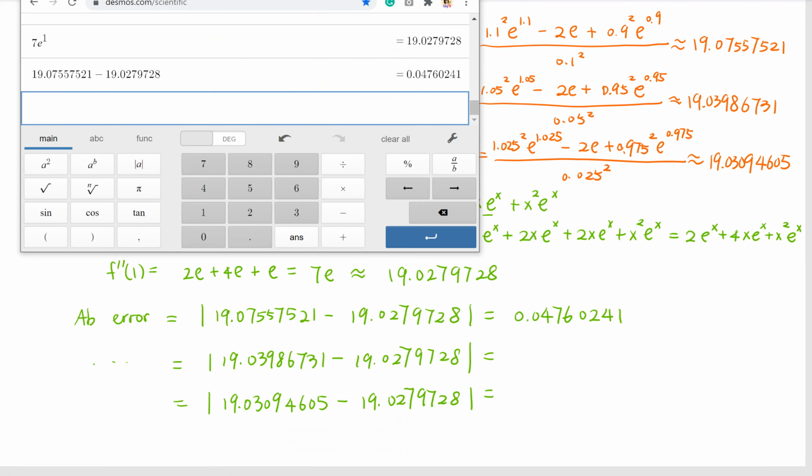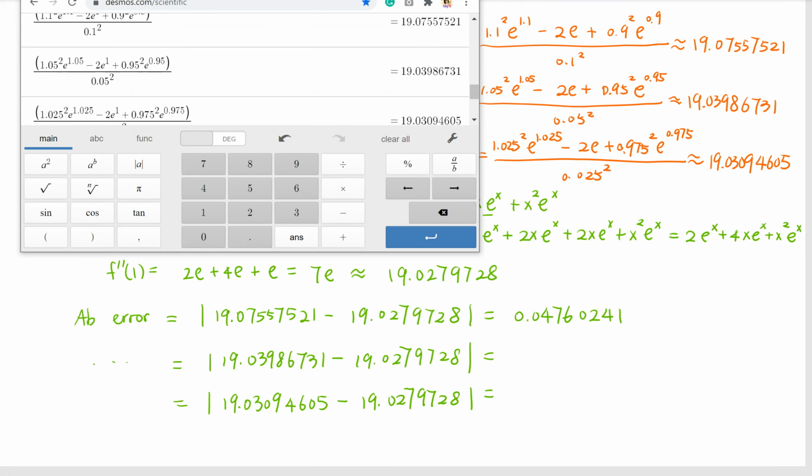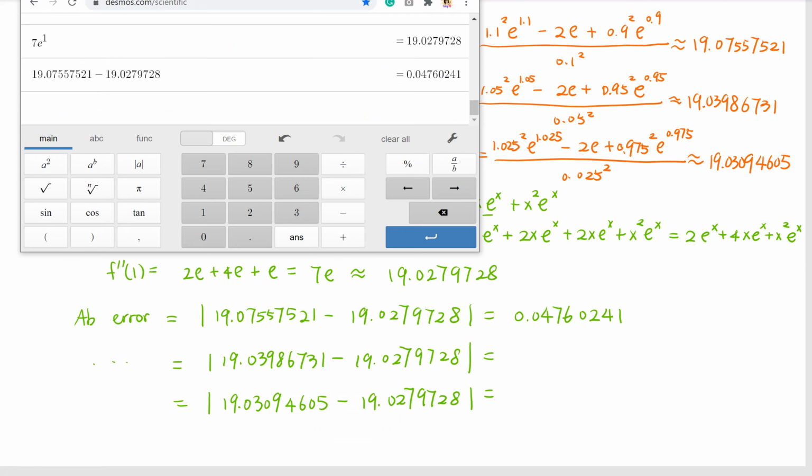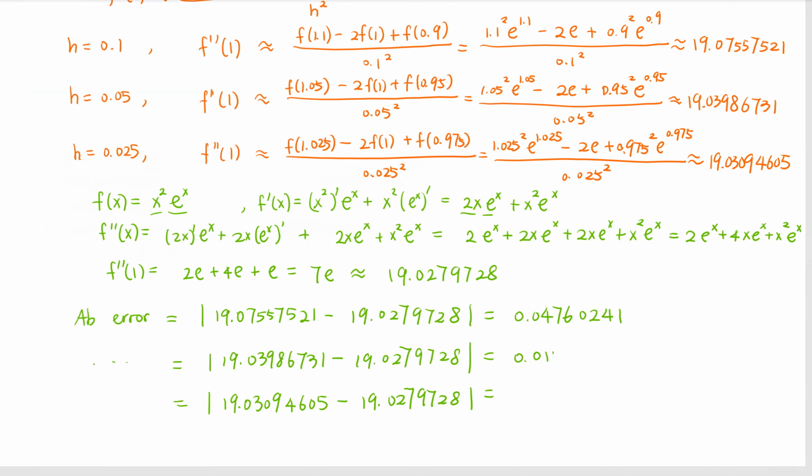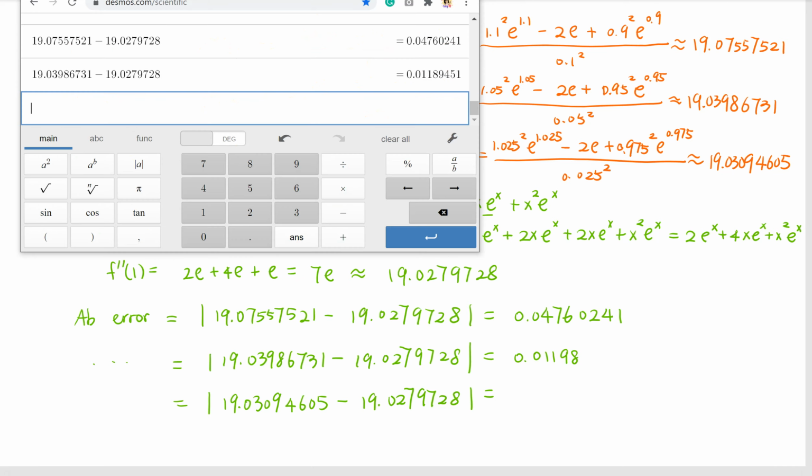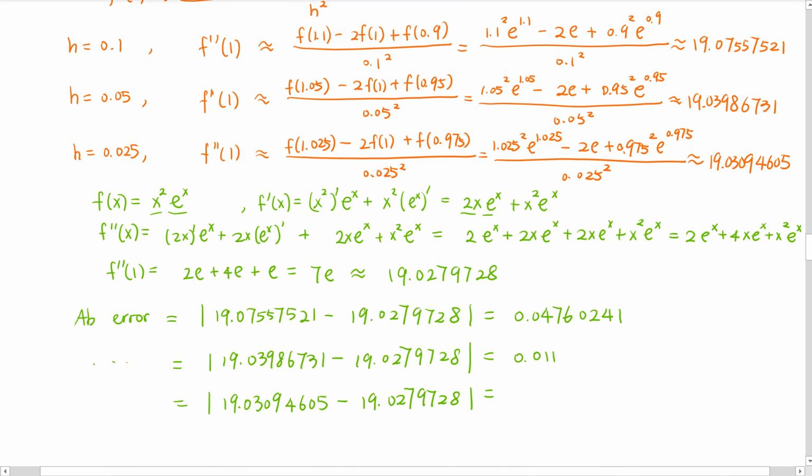Okay, the second one, let's find it. 19.0398 here. So copy down here and then, all right, enter. 0.0118941, 0.01189451.